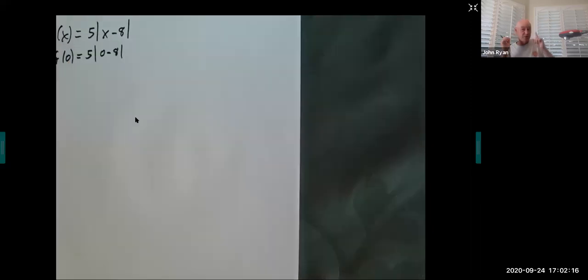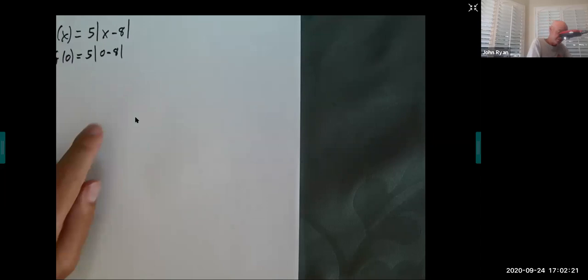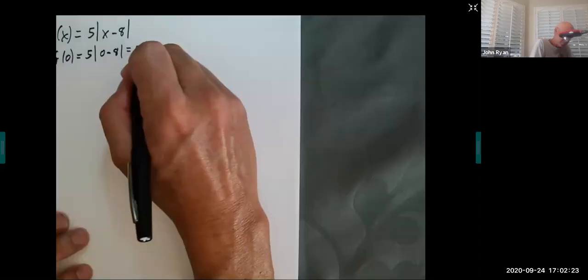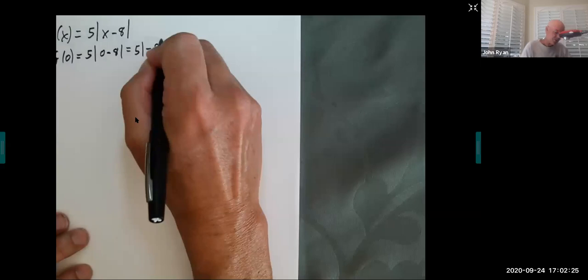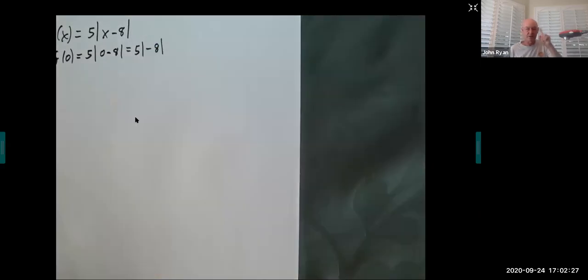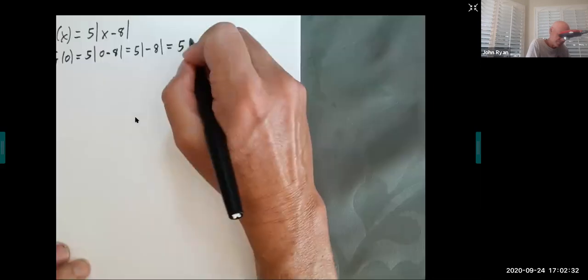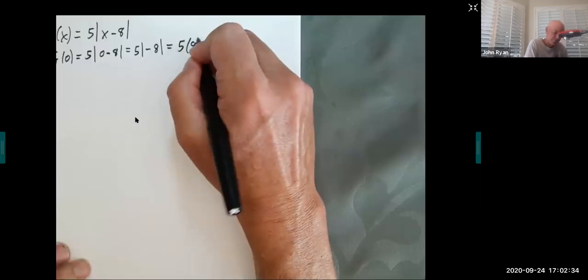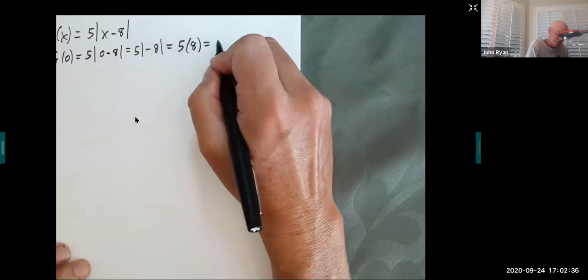Now, 0 minus 8, notice we have absolute value. 0 minus 8 is just negative 8. But when you take the absolute value of negative 8, that becomes positive 8. Which gives me a positive 40.